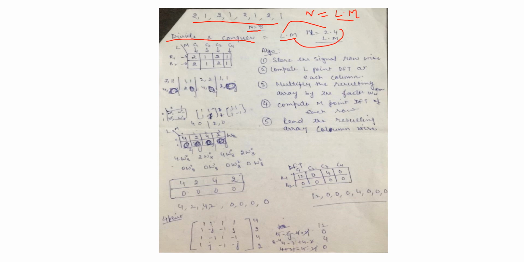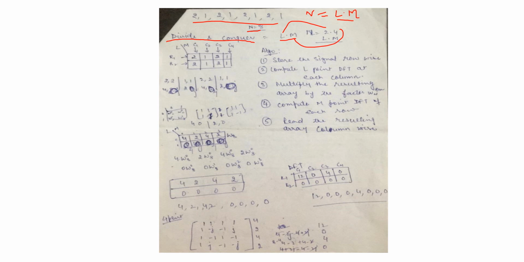You can write here 8 into 1 or 1 into 8, but for 8 into 1 and 1 into 8, there will be no benefit because you would have to perform the 8-point DFT anyway. So instead of performing divide and conquer, you can do the butterfly diagram or matrix method. You have to divide into small pieces, so instead of 8 into 1, divide it into 2 into 4 or 4 into 2.